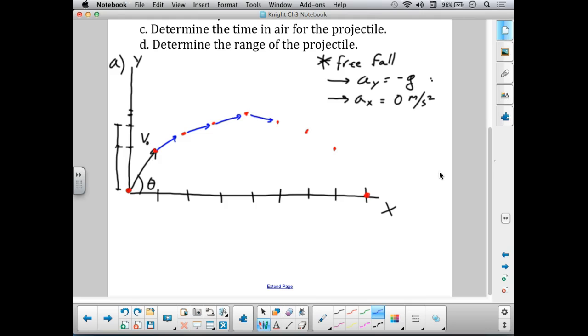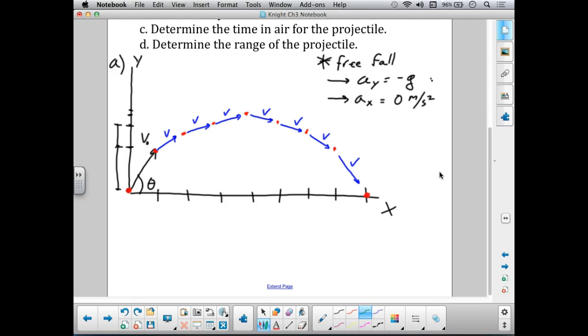So if I were to measure my velocity at that instant in time, wherever that dot is, it's always pointing towards the next dot because that's where it's going to end up.